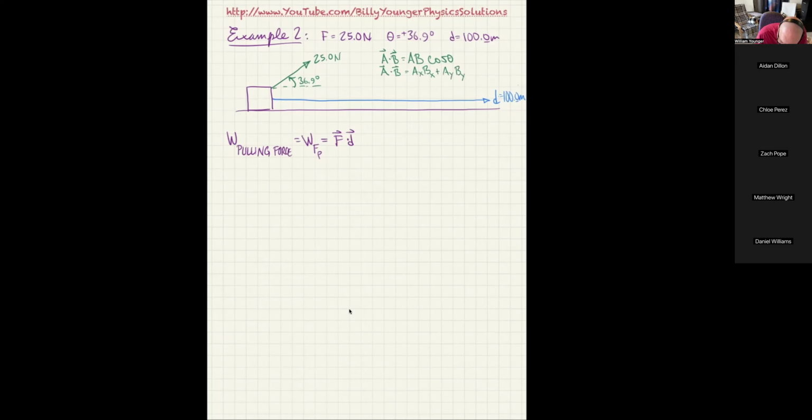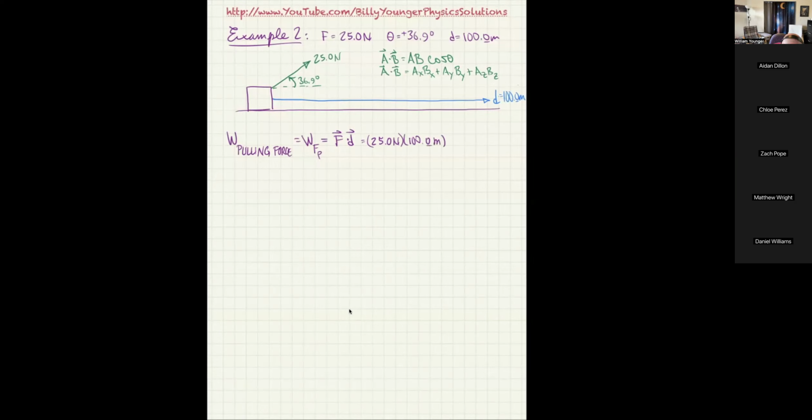Notice this is a scalar. There's no i hats, j hats, or k hats in it. And AzBz. So those are our formulas. Obviously, we could use either one, but there's one that looks really, really easy. Okay, so the one that looks really, really easy is the A dot B equals AB cosine theta. So I can put the magnitude of the force, which is 25.0 newtons, and I can multiply that by the magnitude of the d vector, which is 100.0 meters.